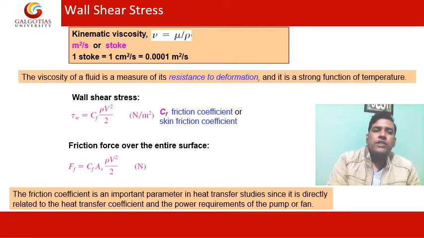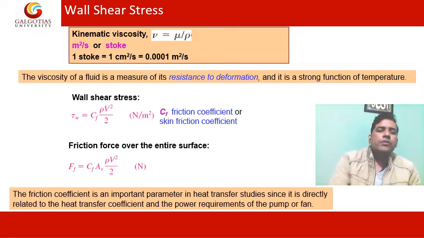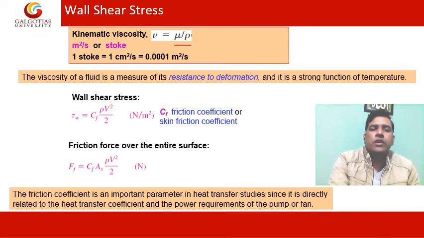Another concept is wall shear stress. If we divide the dynamic viscosity by density, it becomes kinematic viscosity. Wall shear stress is given by this formula, or Cf equals tau over rho V square by 2, and it is the friction coefficient, or skin friction coefficient.